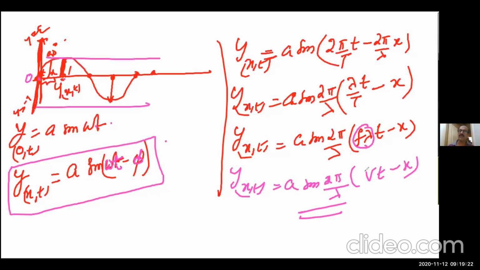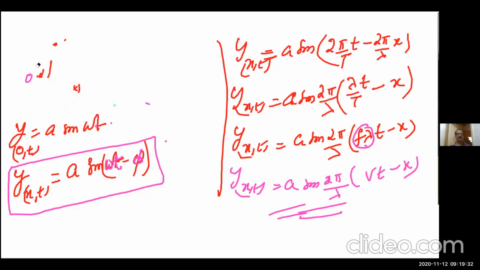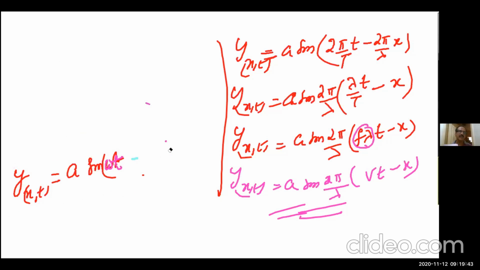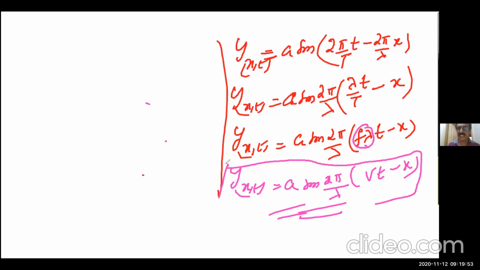So frequency into lambda is velocity. This is the expression for the progressive wave traveling along the positive x-axis.